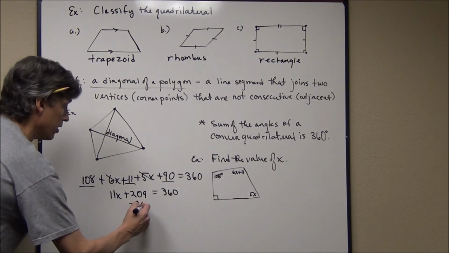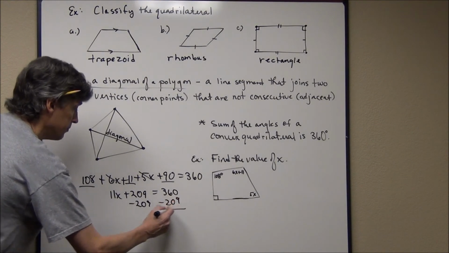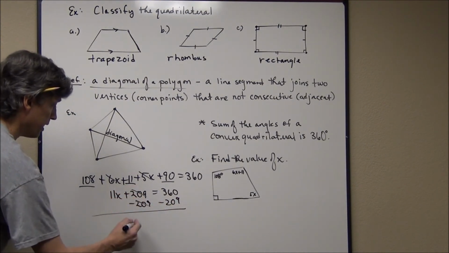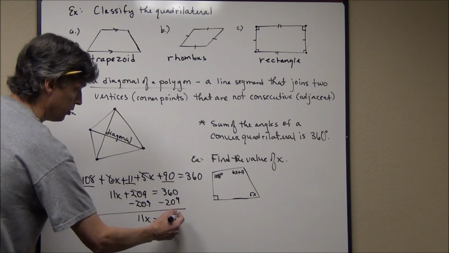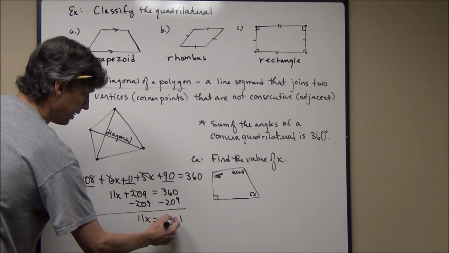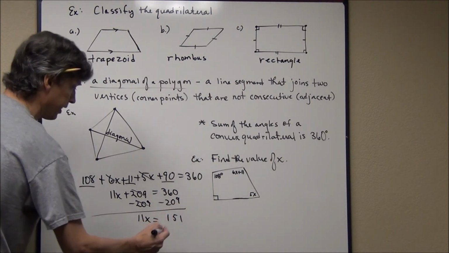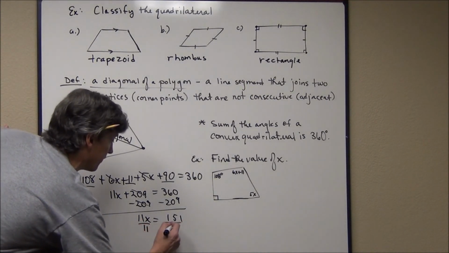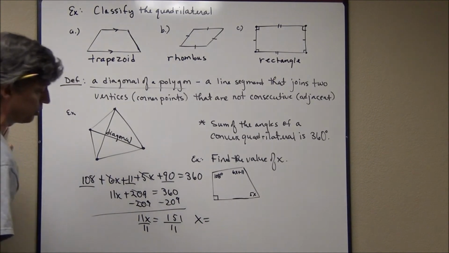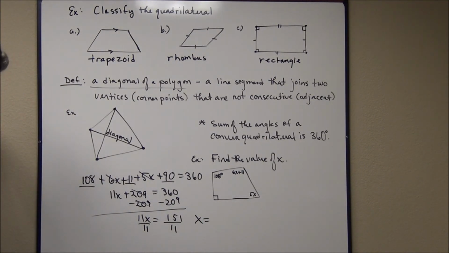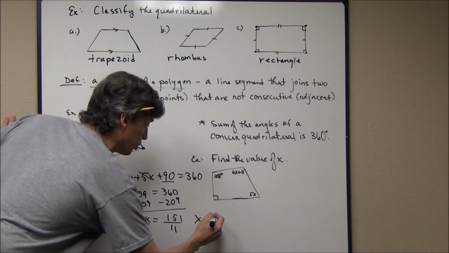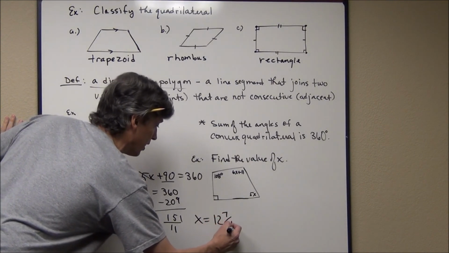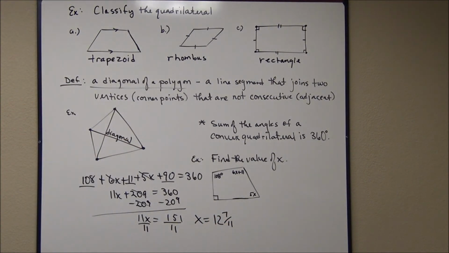I'm going to subtract 209 from both sides, and if I do that, I end up with 11x is equal to 151. Again, I don't know why I would put a problem that wouldn't come out evenly, but I did. I have to now divide both sides by 11. It's not going to come out evenly. I'm going to get x is equal to, let's see, 12 is 144, so 12 and 7/11. There's quite an answer for you.